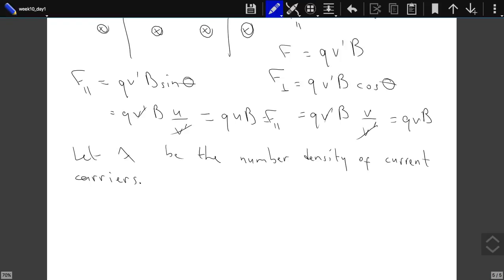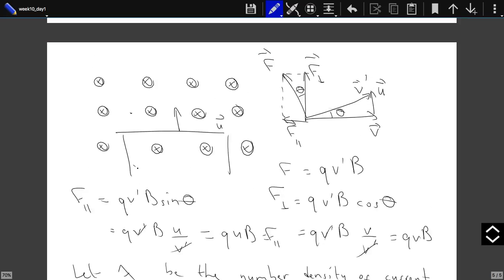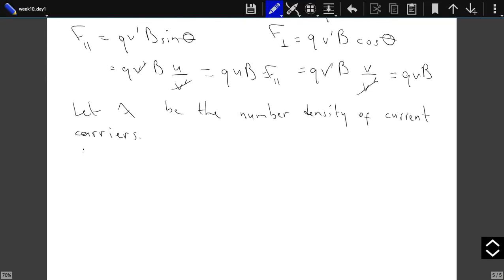I have some current-carrying particles moving with the velocity v prime, and I have lambda of them per unit length. Let's say this length over here is A. So lambda times A is the total number of current carriers in my wire.